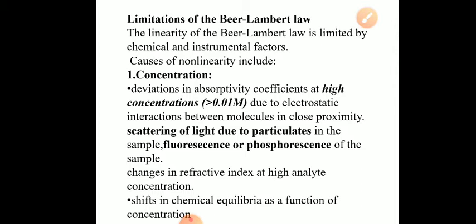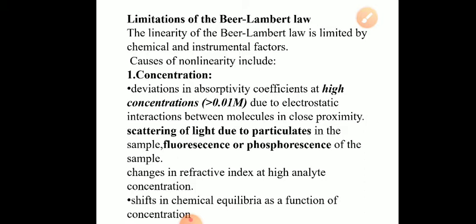Now, when you study Beer's law, there are certain limitations of Beer's law, where the law fails or the linearity fails. There is a linear relationship, as I told you. Linear relationship between what? Amount of light absorbed and concentration. That means as the concentration of the solution goes on increasing, the amount of light absorbed also goes on increasing.